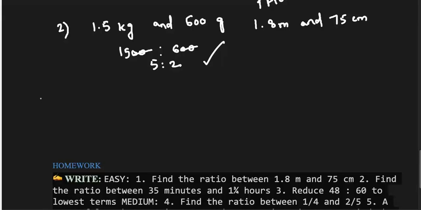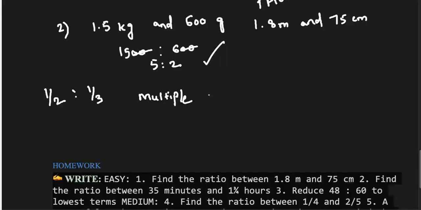Ratios involving fractions. Sometimes the terms of a ratio are themselves fractions, for example 1 by 2 and 1 by 3. So how will you handle this? First we need to multiply both of them by the LCM of the denominators. LCM, least common multiple of the denominators.